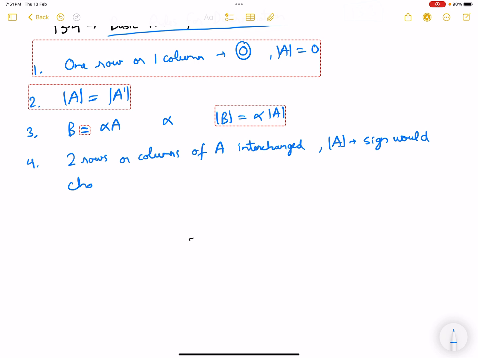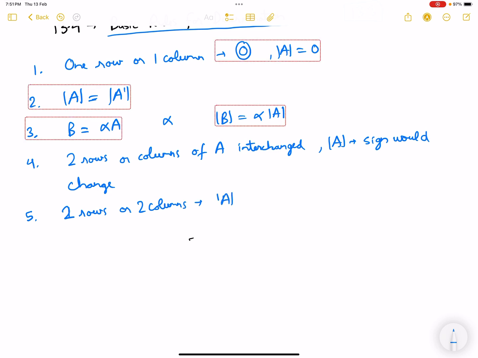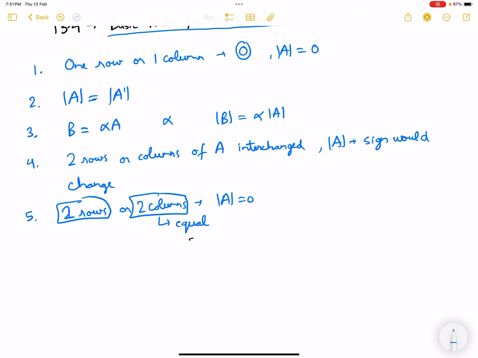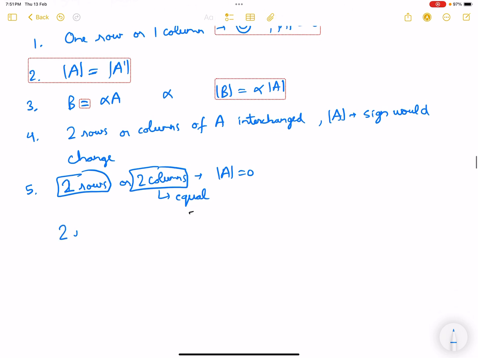Now similarly, if there are two rows or two columns which are equal, then the determinant equals 0. Similarly, if two rows or two columns are proportional.